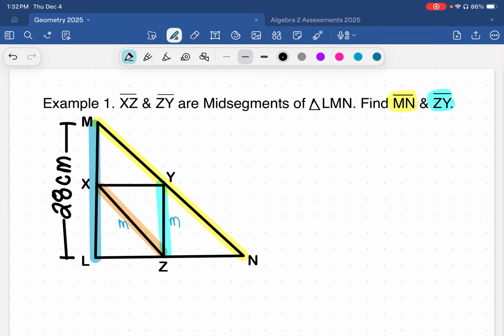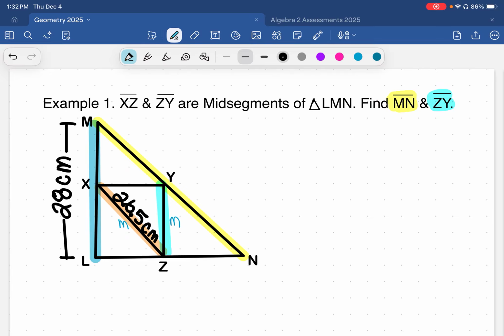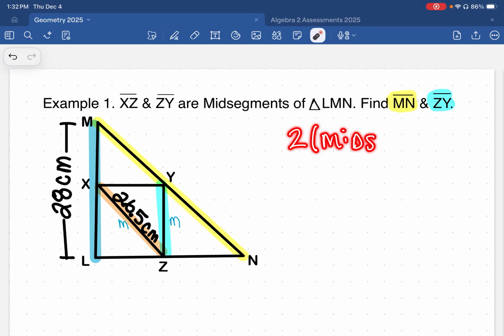28 centimeters for ML, and then 26.5 centimeters, 5.0 for XZ. All right, so let's start with XZ because that one was the one that we did first, right? MN. Remember the formula says 2 times the midsegment equals the parallel side.